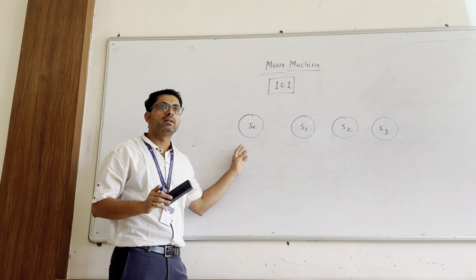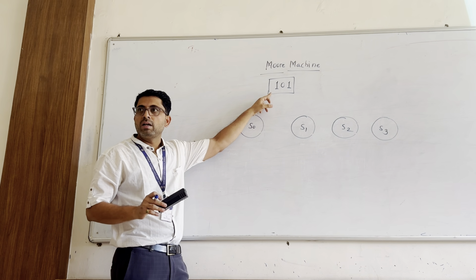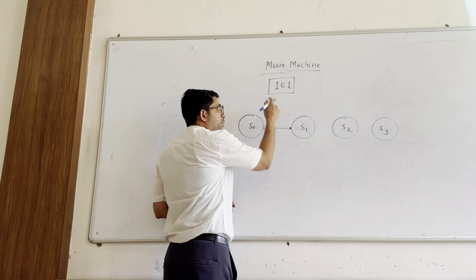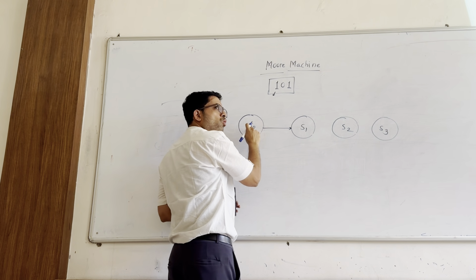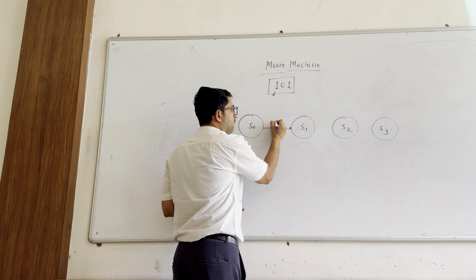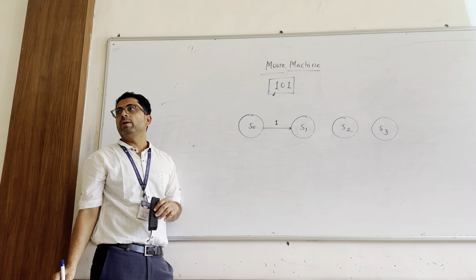Now I am starting from the initial state, that is S0. What is my first bit? 1. As I have told you, if you want to detect the bit, you need to go from one state to another state. If the state is available, that is 1 I have written over here. Yes or no? Anyone having a problem?